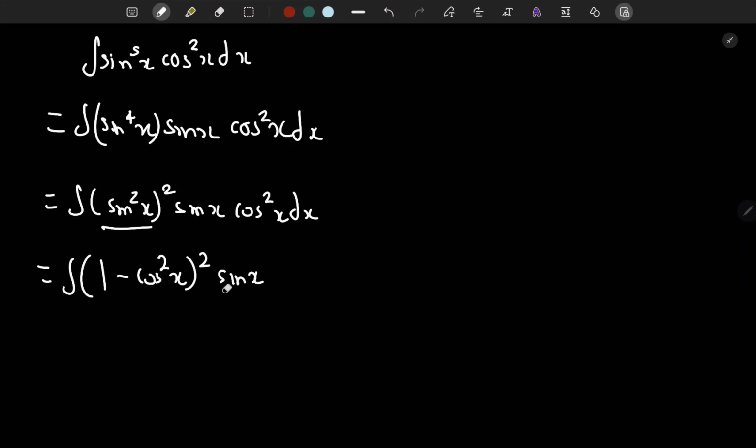I'm just going to move the sine next to dx, so it's simpler to understand: cosine squared x sine x dx. Now let's take u to be cosine x.